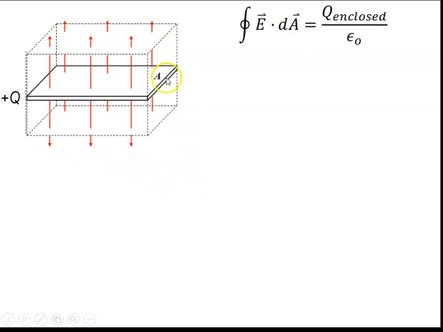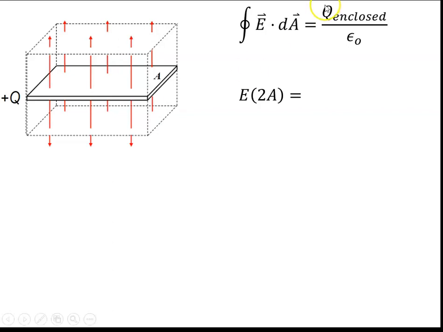And again, assuming that there are no field lines coming out the sides or the front or the back, and field lines are only coming out the top and the bottom, this is not difficult at all. We're just adding up the area of the top of the box and the area of the bottom of the box. Field lines pierce the top of the box, that's one area, A. Field lines are piercing the bottom of the box, that's another area, A. And so when we integrate that and add it together, that's just E times 2A. That's it. Really easy. We're done with the integral.